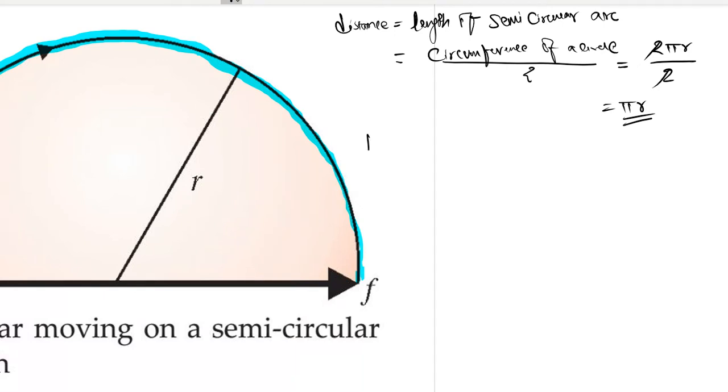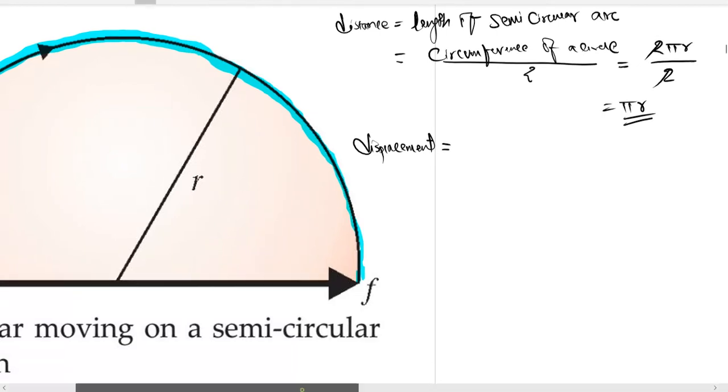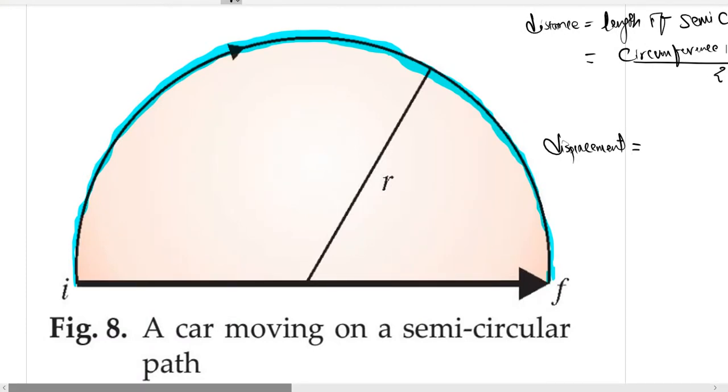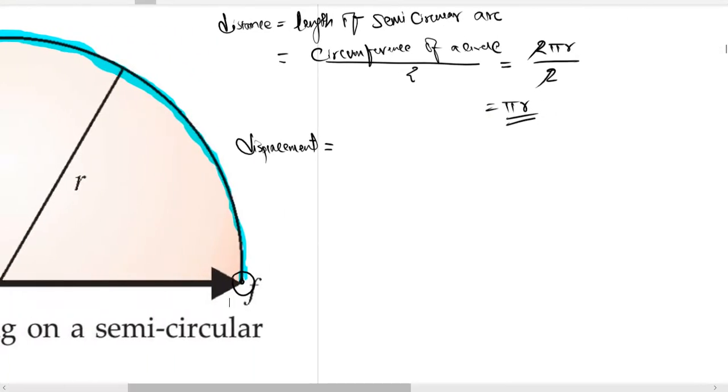What is the displacement? Displacement is the shortest distance from initial point to final point. Now, do you see the initial point over here? This is the initial point and this is the final point. So what is this line which we are seeing here? It is nothing but the diameter of the semicircle. Displacement is equal to the diameter of the semicircle.